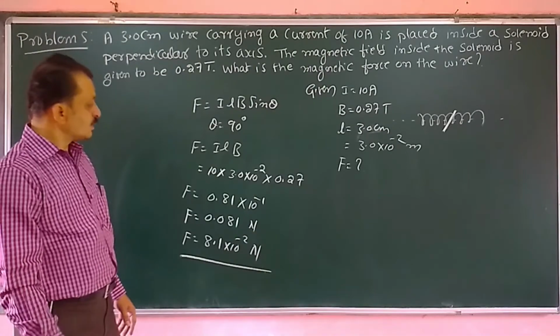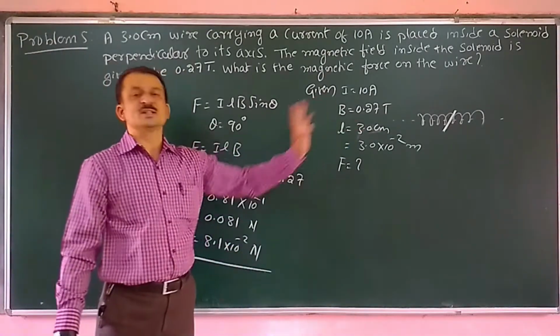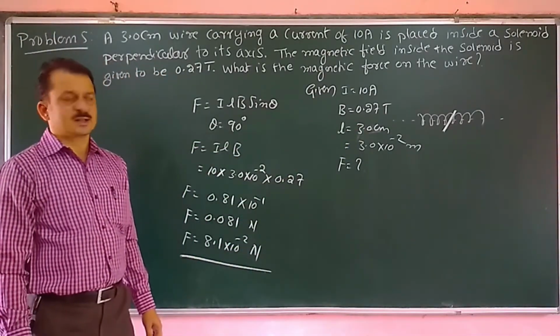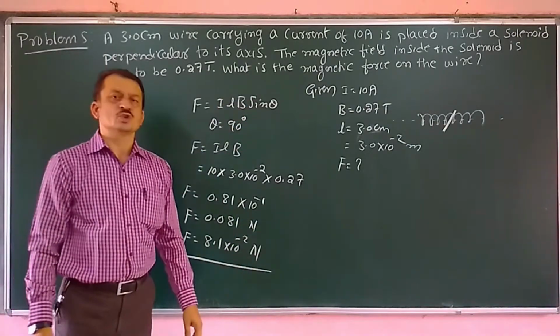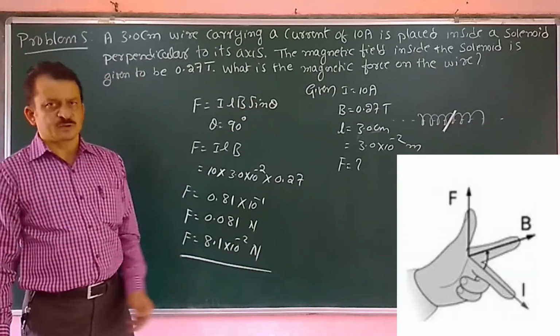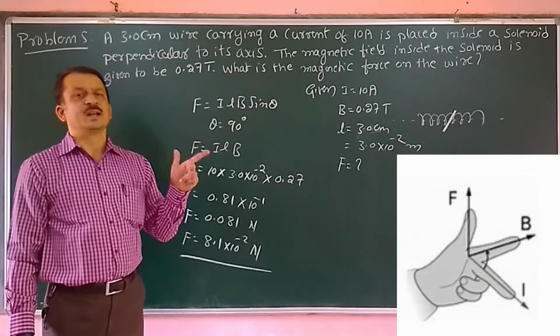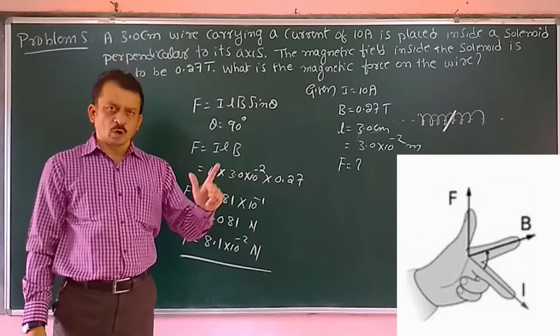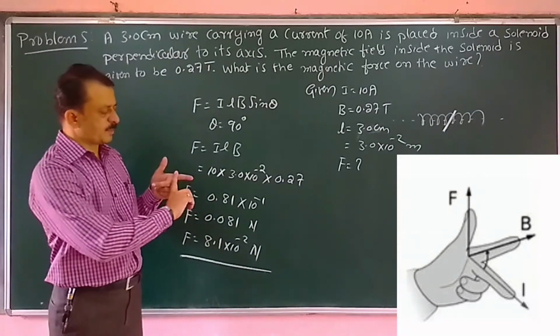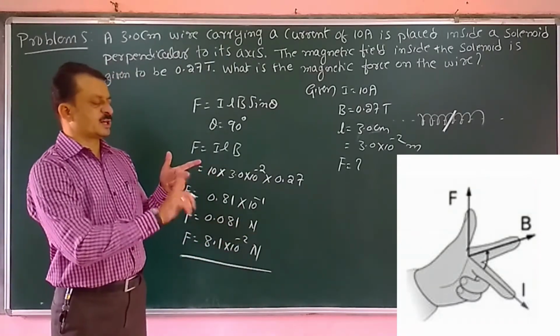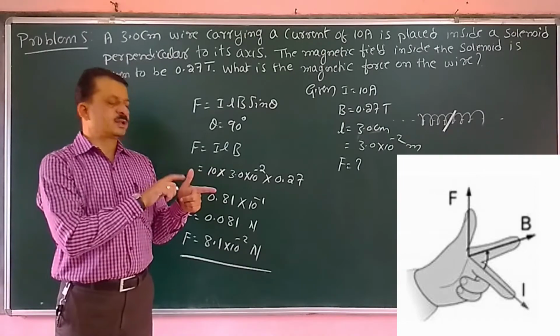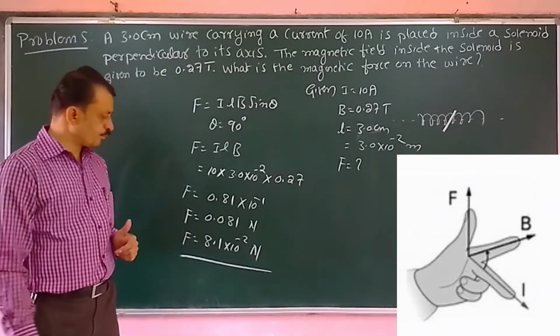Now, this amount of force is experienced by that wire placed inside the solenoid, and the direction of the force is worked out by using Fleming's left hand rule. If you know both the direction of the magnetic field and the direction of the current, then the thumb indicates the direction of the force.